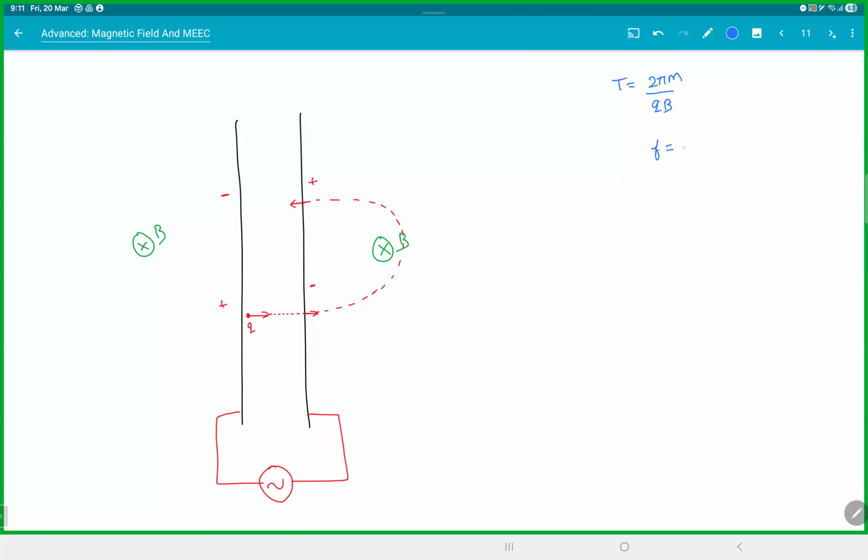That means the frequency, 1 by T, is independent of the speed. Whether you go fast or slow, you're going to reach the plate in the same time. Making sense? So every time it does a half oscillation, this thing will go from plus to minus and minus to plus. So this will also be the frequency of the source.